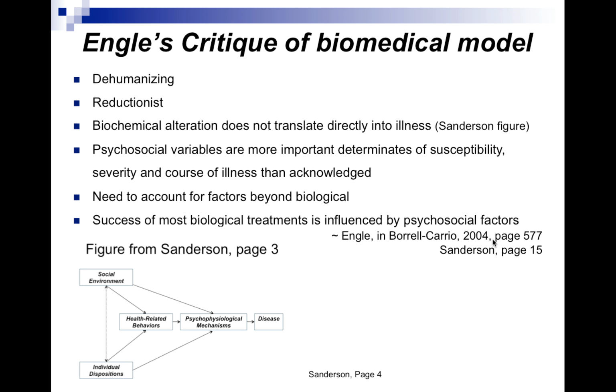As such, we need to find a way to account for factors beyond biological factors, to include those related to the social context in which people live and the social systems they have devised to deal with disruptions related to illness. Finally, Engel promoted that success of most biological treatments are themselves influenced by psychosocial factors, such as a patient-clinician relationship, which can influence immediate outcomes, such as adherence to medication regimens, and long-term outcomes such as cure or survivorship.